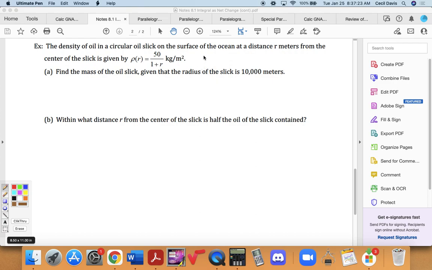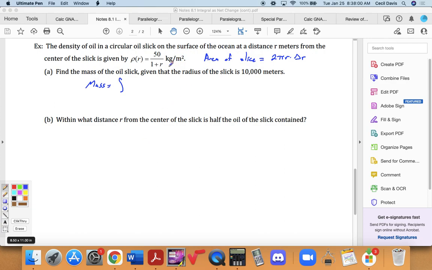Well, again, the area of the slice is going to be 2 times pi times r times delta r, right? So then the mass is going to be the integral.